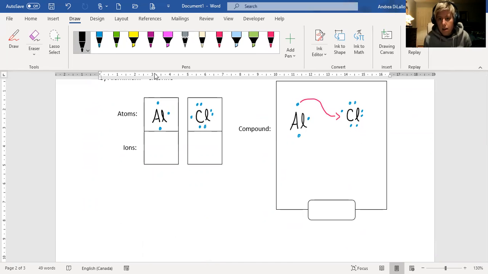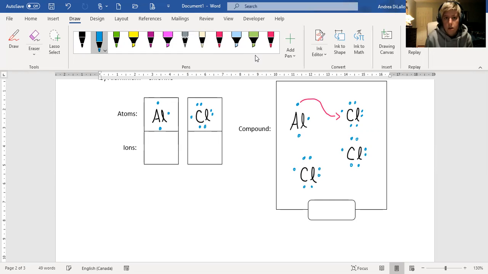So the only way that aluminum can lose these 2 remaining valence electrons is if 2 more chlorines come along, and each chlorine takes 1 electron. So this chlorine can take this electron, and this chlorine can take this electron.